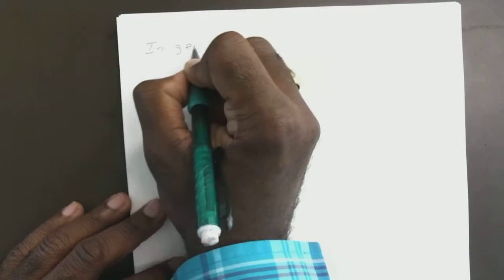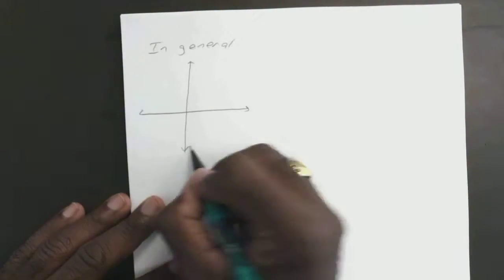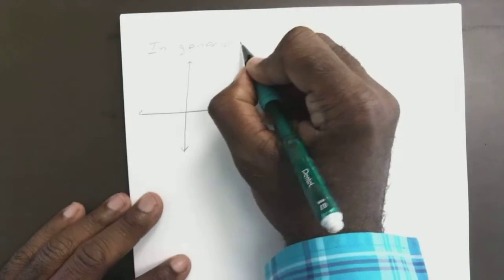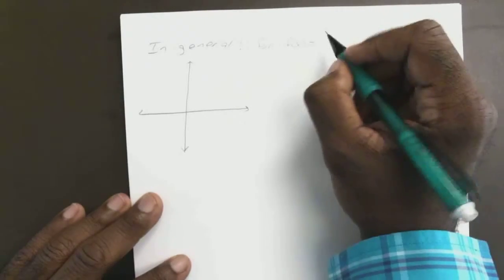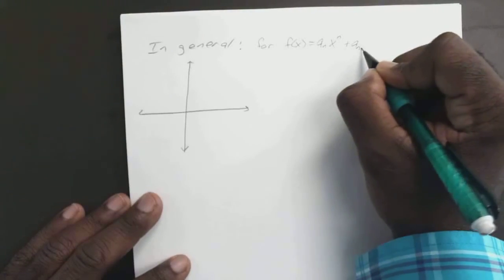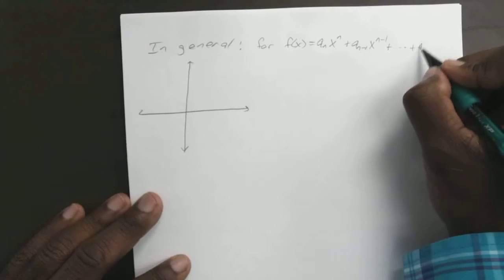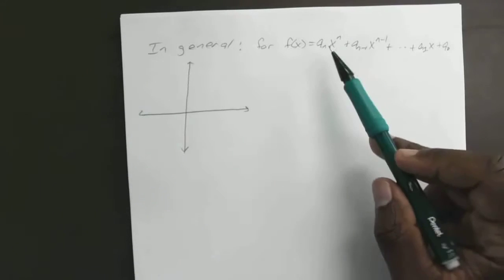All right, so in general, let's say you have f of x equals a_n x to the n, plus a_(n-1) x to the n minus 1, and it keeps going down, a_1 x plus a_0.